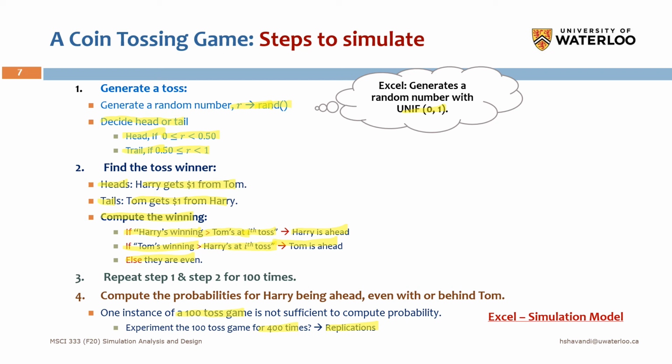Any time we will have 100 tosses, right? Then you will see that by having more and more replications, the results become more constant. At that time, we can rely on the results and calculate the probabilities. We will see this model in Excel in the next part.